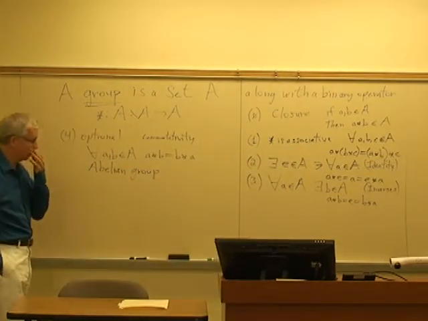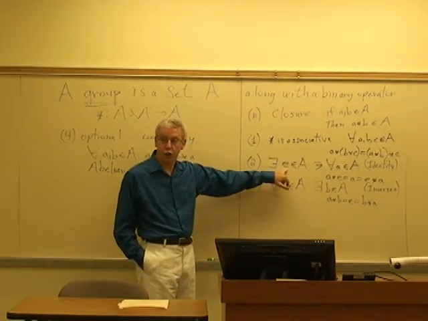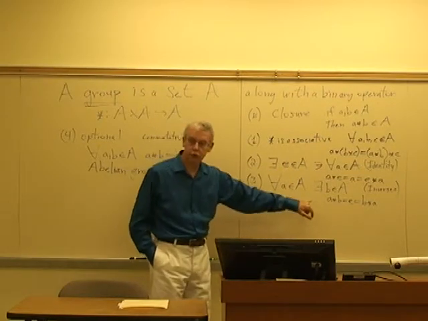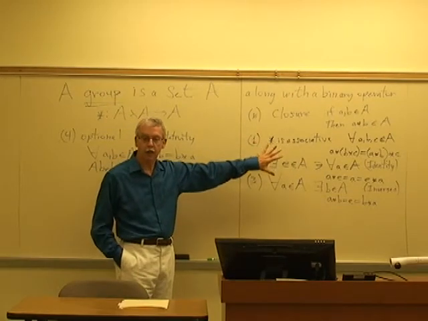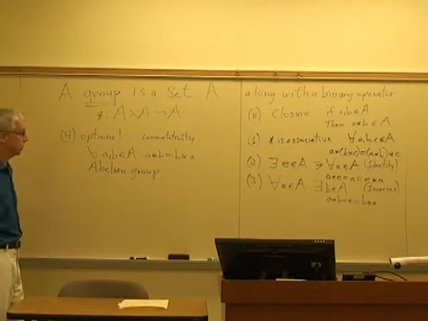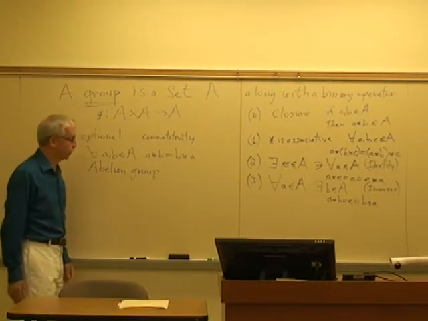That is, for example, two things we're going to prove today is that the identity, if there is one, must be unique. There can't be two different ones. And there can't be two different inverses. We can prove that using only the group properties, and now we know it's true for everything we call a group. This is the idea of abstraction. Right? We prove it in general, and now it applies to lots and lots of cases.